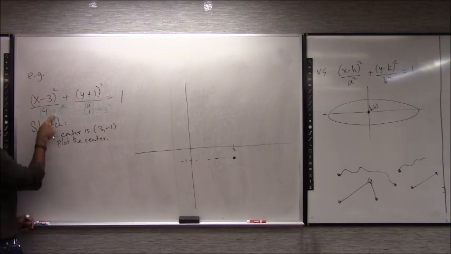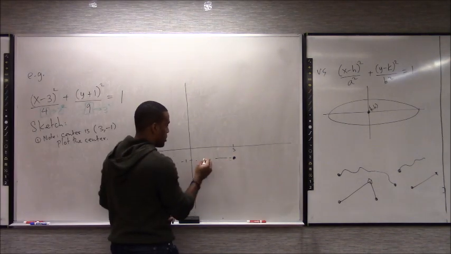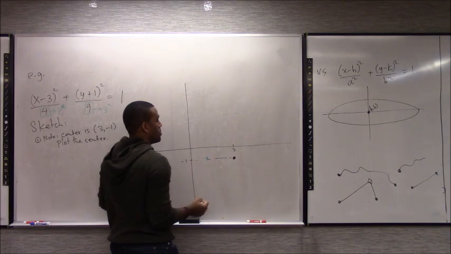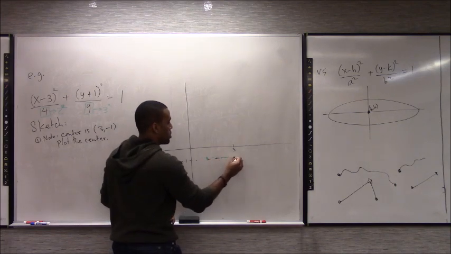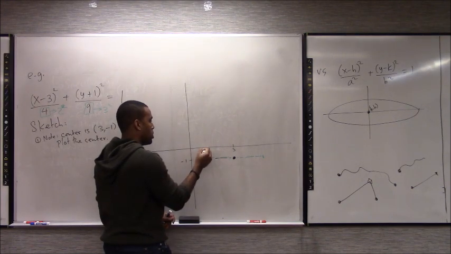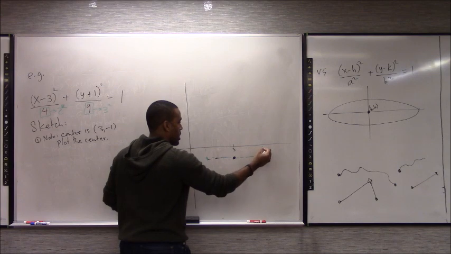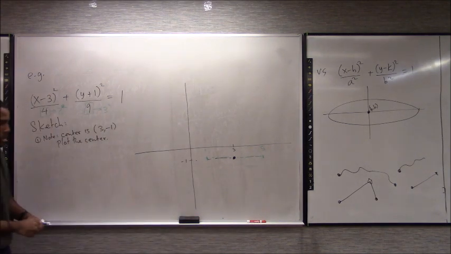So in the x direction you move to the left and right from the center by 2 units. Notice that this will bring you to 1 on the x-axis, while this one will bring you to 5 on the x-axis. Okay.